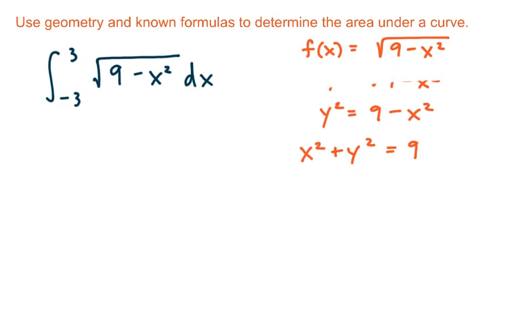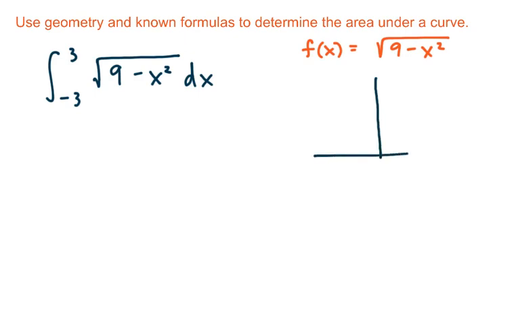And if you pulled out your TI calculator and plugged that into your y equals, you would see a shape that looks like this, the semicircle, a top half of a circle. And we would have this endpoint -3, 0, and the right endpoint +3, 0.